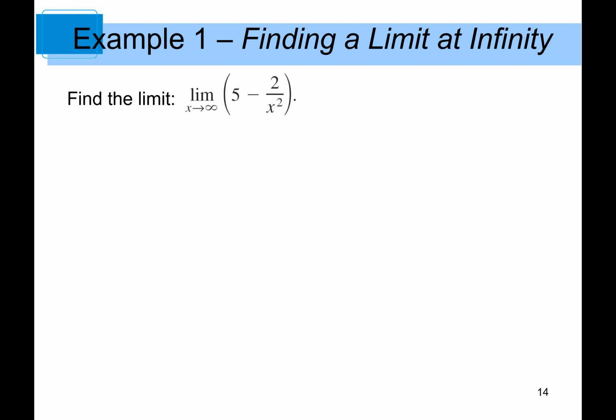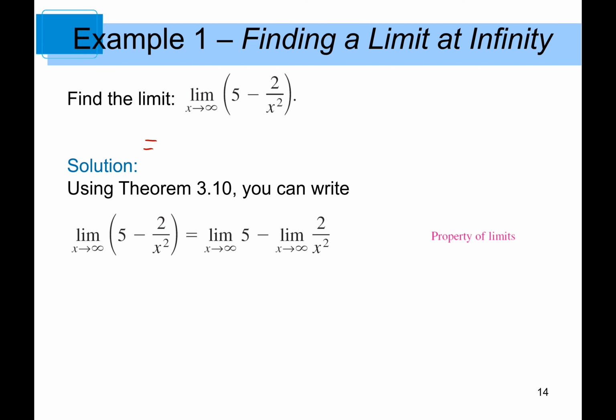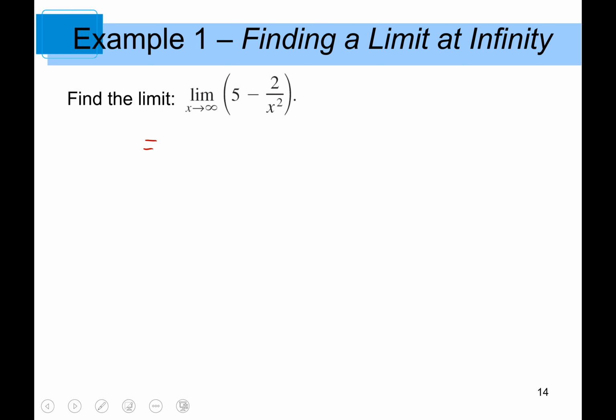Okay, let's take a look at this particular limit. We have the limit when x approaches infinity of the function 5 minus 2 over x squared. You can just use the sum rule and separate them into two limits: the limit as x approaches infinity of 5 minus the limit as x approaches infinity of 2 over x squared.